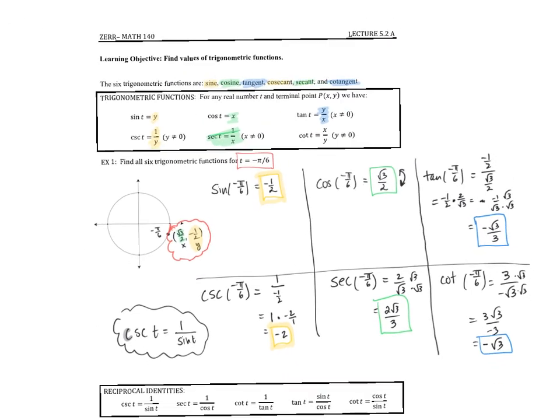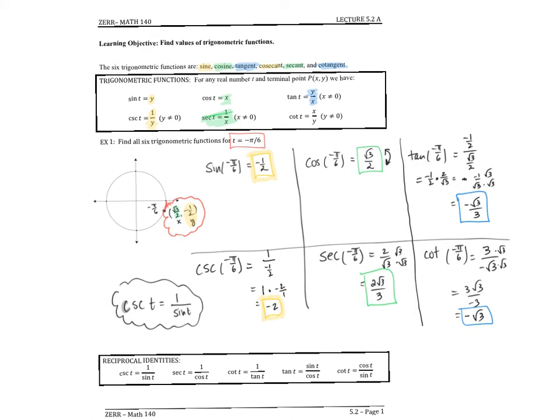Just so that we have it formally in your notes here, the reciprocal identities: we can always think of cosecant as just 1 over sine. We can think of secant as 1 over cosine, and cotangent as 1 over tangent. And then tangent is defined as y over x.